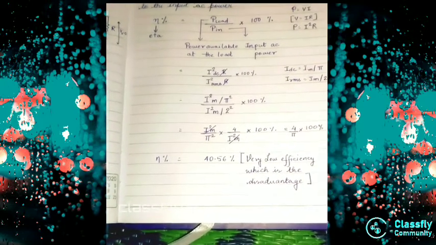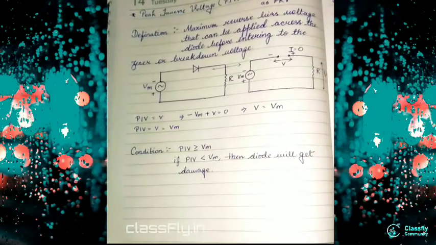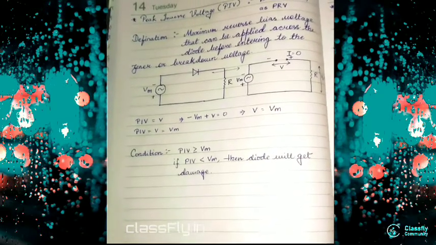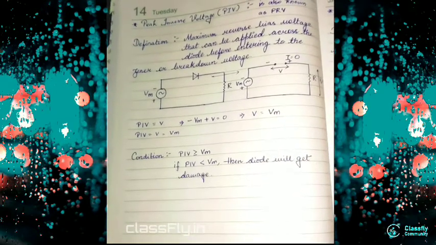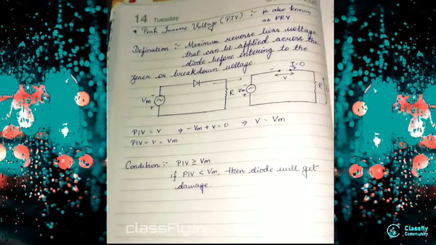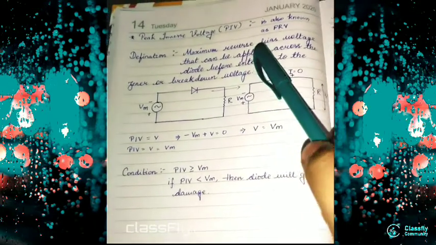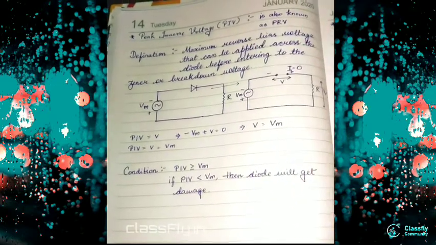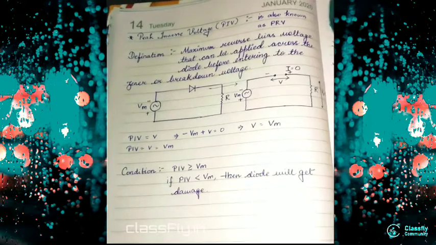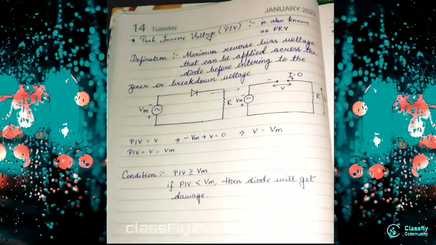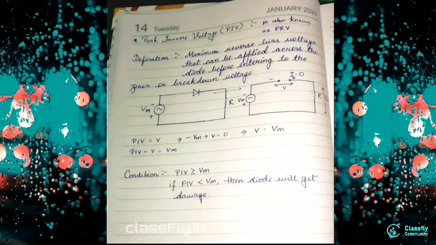Now we will move on to the PIV. PIV means peak inverse voltage, also known as PRV. First we will read the definition. PIV is the maximum reverse bias voltage that can be applied across the diode before entering the Zener or breakdown voltage in reverse bias.